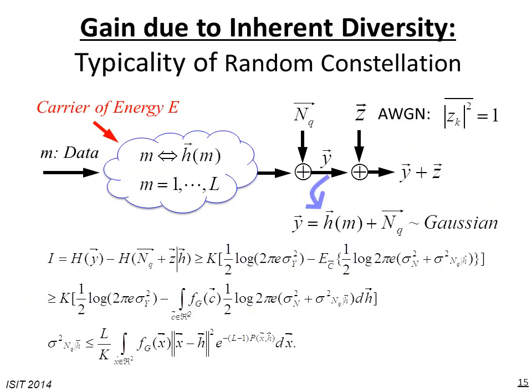As I mentioned before, we have a constellation corresponding to those realizations of vector HM that is fixed throughout the transmission but has IID Gaussian components. So the constellation with M points is selected once with IID Gaussian components and used throughout the transmission.